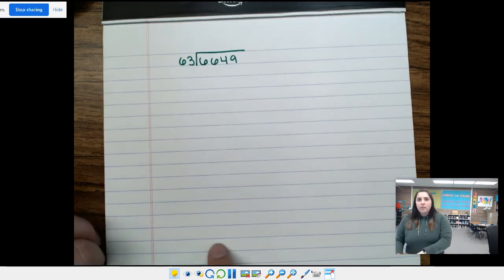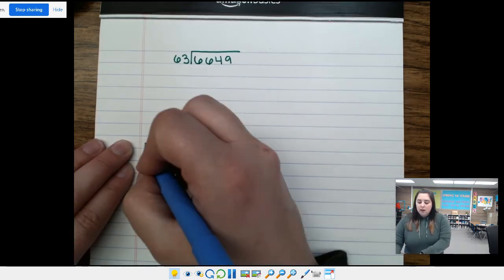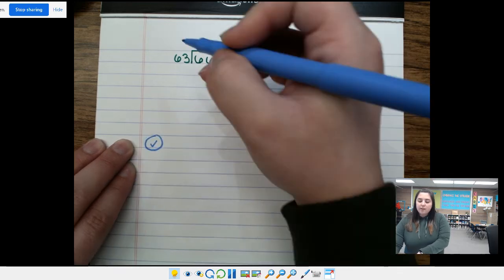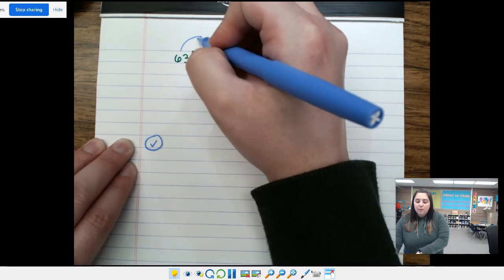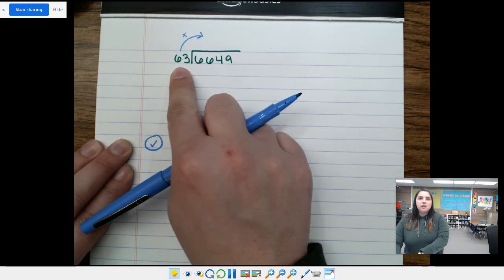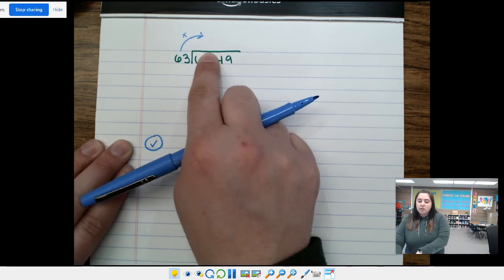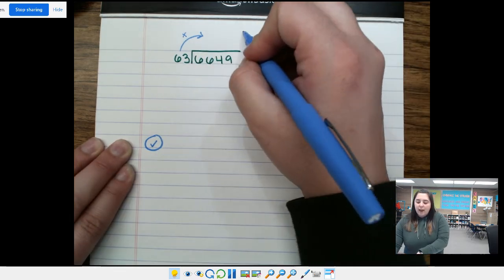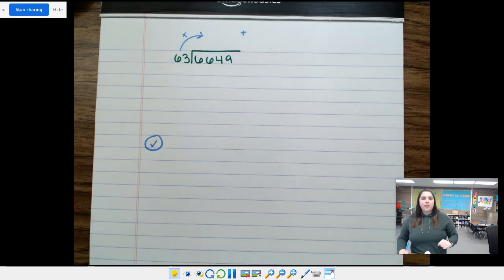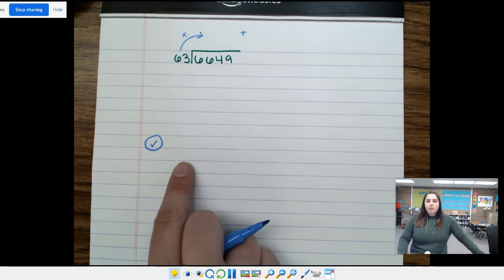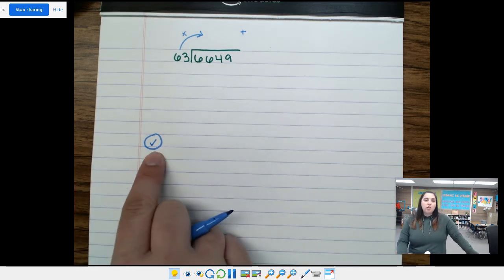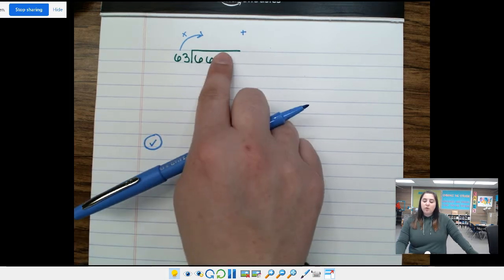You're going to solve, and you are going to check your answer by going up and over and multiplying 63 times your answer, and then add the remainder. I am not going to solve this one. I want you to check your work to see if you got the correct answer.